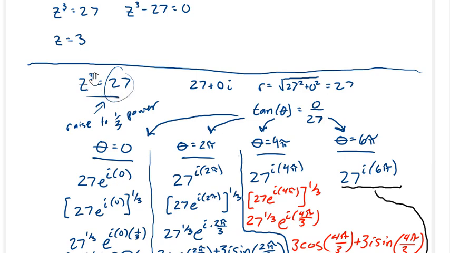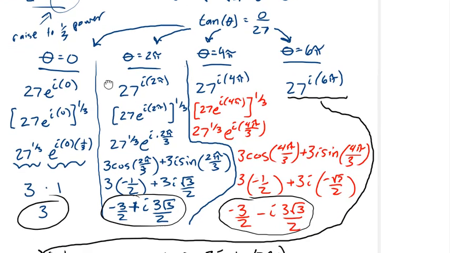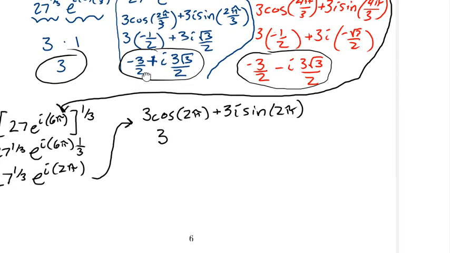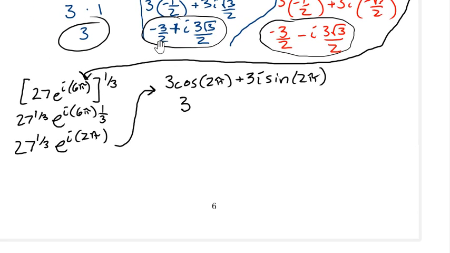In this case, 3. Whatever the power is, that's how many different versions you're going to draw. So I didn't need to do this 6 pi because that's my 4th version, and that's just going to bring me back to where I started again. So I see that cube and I do 3 versions and I raise those to the 1/3, and that will give me all my solutions. So if this were z to the 5th equals a number, then I would write 5 different versions and raise those to the 1/5.